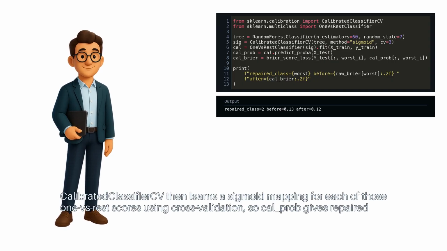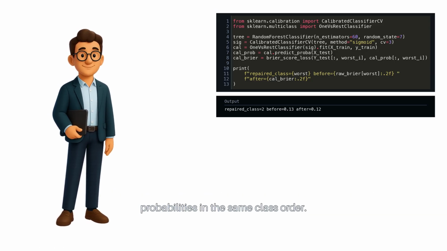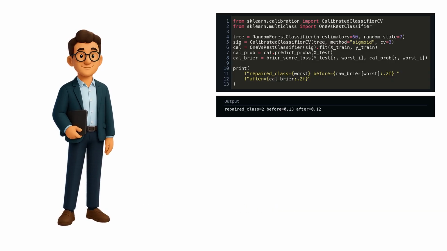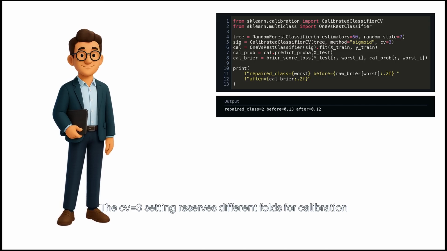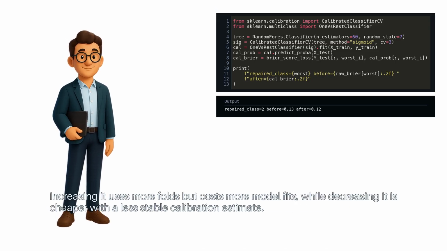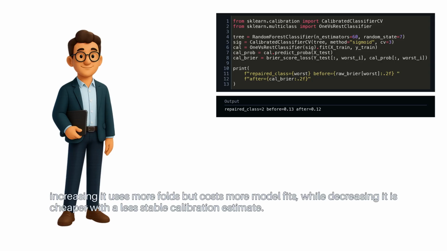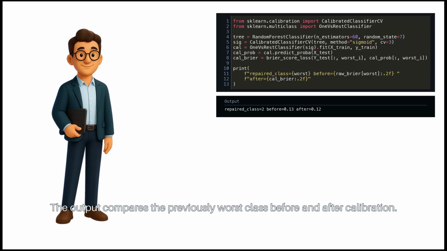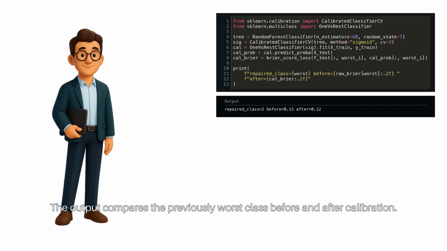CalibratedClassifierCV then learns a sigmoid mapping for each of those OneVsRest scores using cross-validation, so cal_prob gives repaired probabilities in the same class order. The cv equals 3 setting reserves different folds for calibration. Increasing it uses more folds but costs more model fits, while decreasing it is cheaper with a less stable calibration estimate. The output compares the previously worst class before and after calibration.